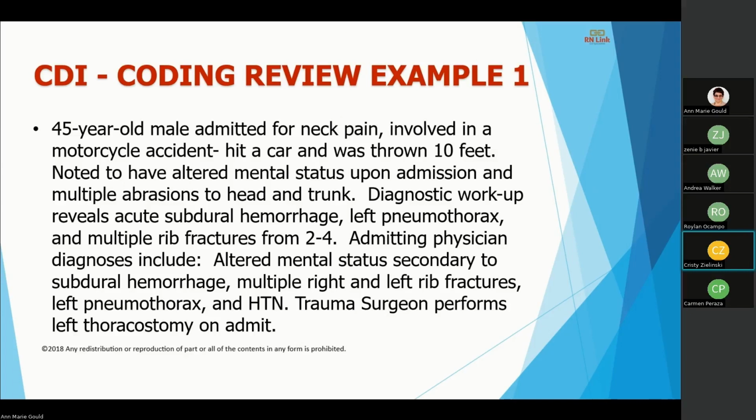Did it go away after, let's say, they did some treatment for the subdural hemorrhage? So that is just something that you need to follow up and see. At least encephalopathy itself is a CC. If it's more specific, then it becomes an MCC. But just follow it up and see if it could be a potential query for encephalopathy.